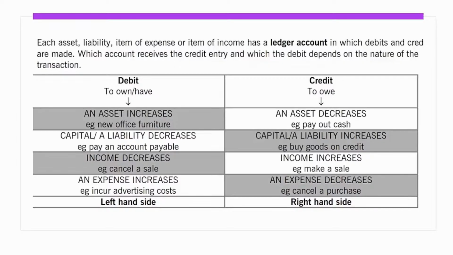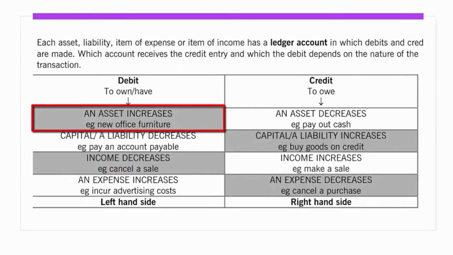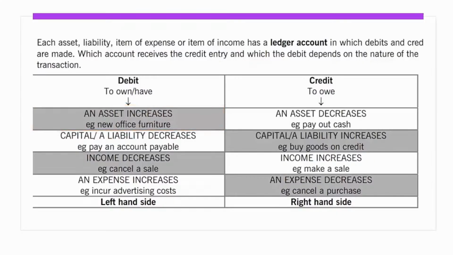What happens on the debit side? The debit side is all about things the business owns, gains, or spends. Here's when you would use the debit side. 1. An asset increases. For example, if you buy new office furniture, the value of your assets, furniture, increases. This goes on the debit side. 2. A liability or capital decreases.